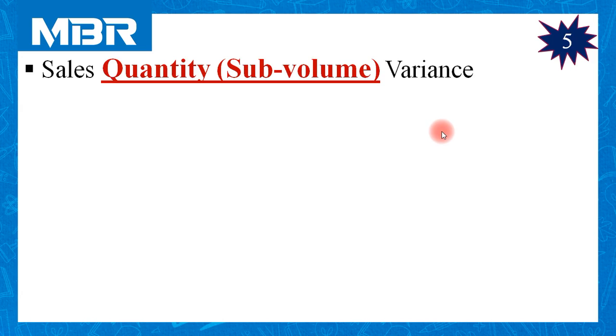Let us move to the fifth and last variance of this solution: sales quantity variance or sub-volume variance. Sometimes it is referred to as quantity or sometimes as sub-volume.